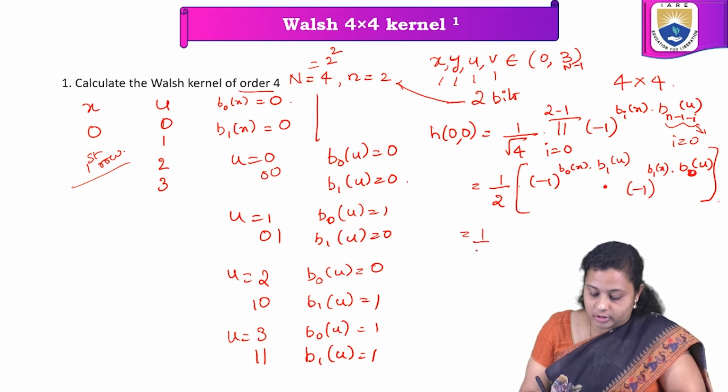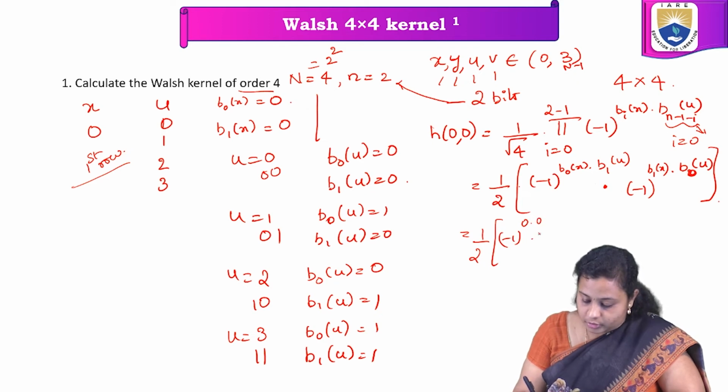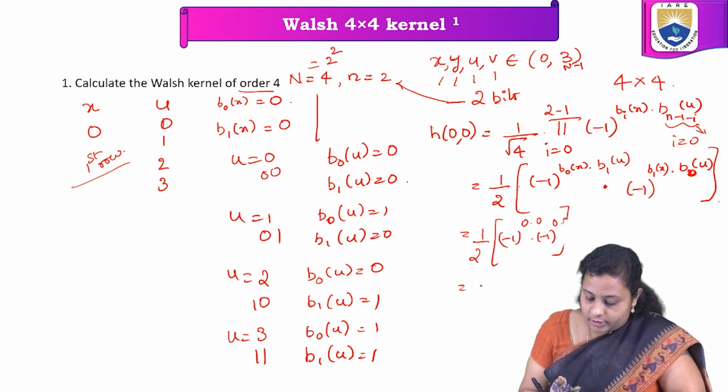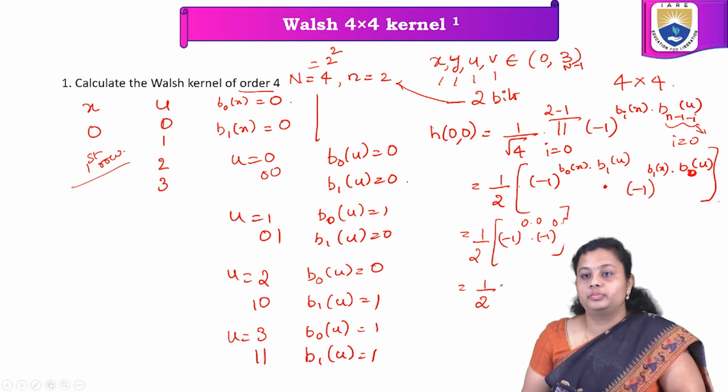So that will turn up to 1 by 2 into minus 1 power 0 0 into minus 1 into 0 and 0. So that will turn up to 1 by 2, right?